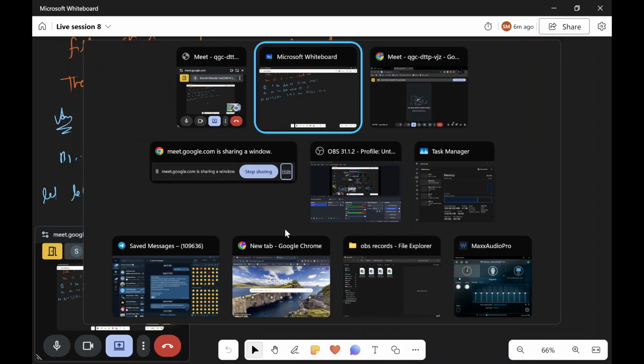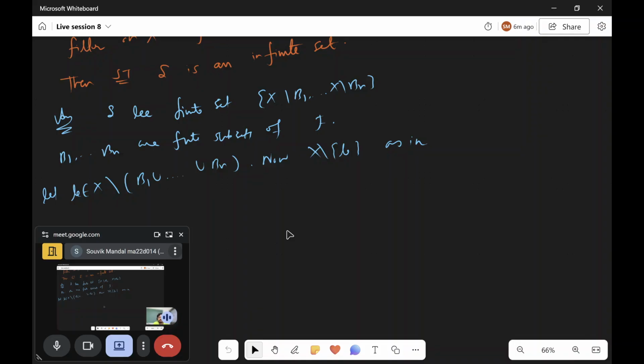So the thing is, let b belong to x minus b1, b2, ..., bn. Now since x minus singleton b is in F, the intersection of elements of F will be a subset of x minus b.